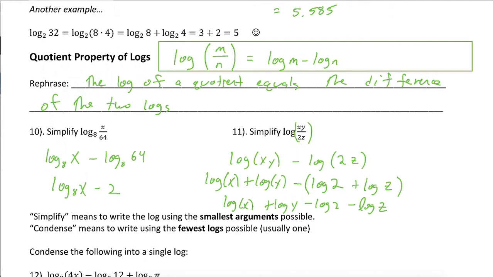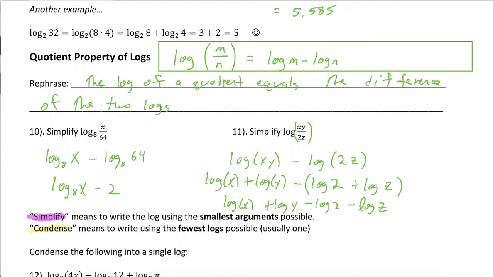And so what we've been doing so far is simplifying. The other direction, because remember, in an equation, it always works two ways. You can go the other direction also, and the word we use for that is usually condense.